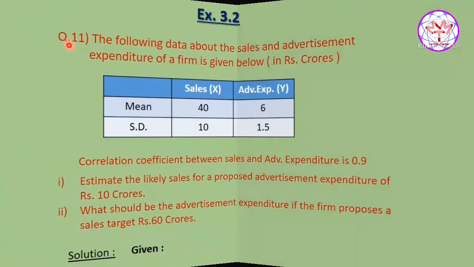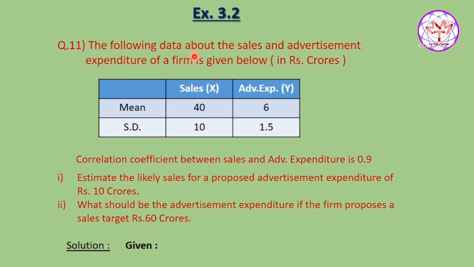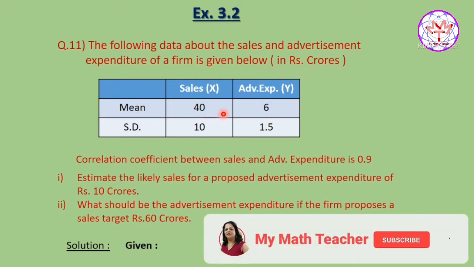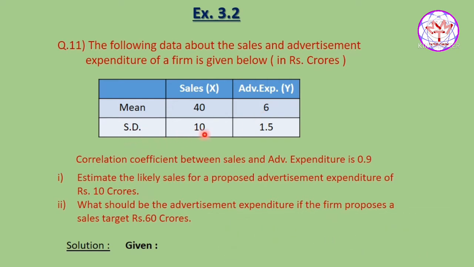Let us read question number 11. The following data about the sales and advertisement expenditure of a film is given below in rupees crores. Mean of sales is 40 and of advertisement expenditure is 6. Standard deviation of sales is 10 and of advertisement expenditure is 1.5.